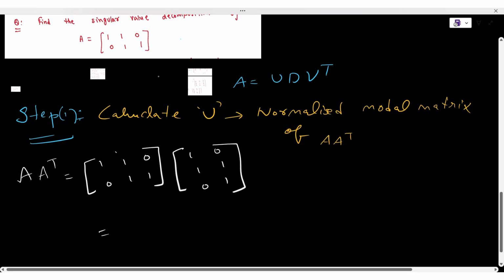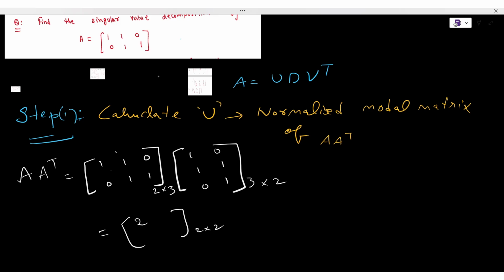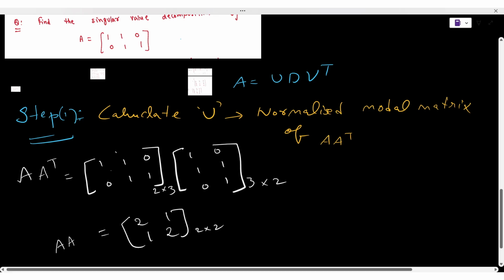Multiply these two. This is a 2 by 3 matrix. This is a 3 by 2 matrix. Resultant will be a 2 by 2 matrix. So 1 2 we will get. Next 0 1, so 1 we will get. 0 1, 1 we will get. 0 1 plus 1 2, we will get. So this is A into A transpose.